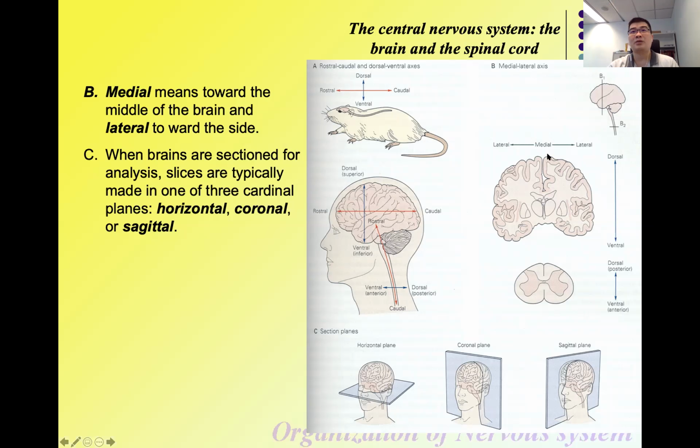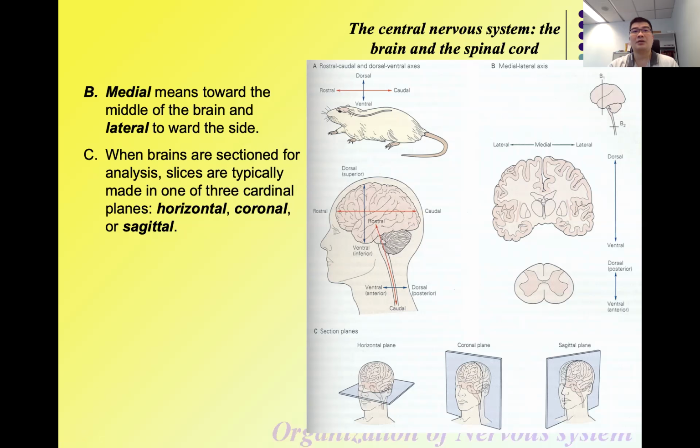So in cutting sections for the brain, because we are not very good at three-dimensional thinking, when we take pictures or draw pictures they are usually two-dimensional. That's the reason why, when we study, we cut the brain into sections.